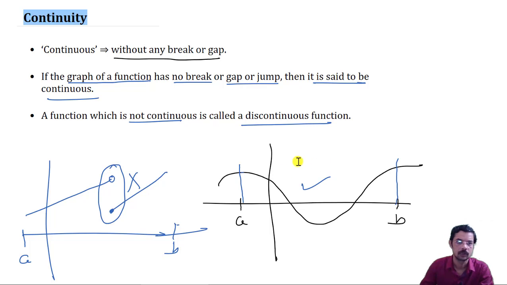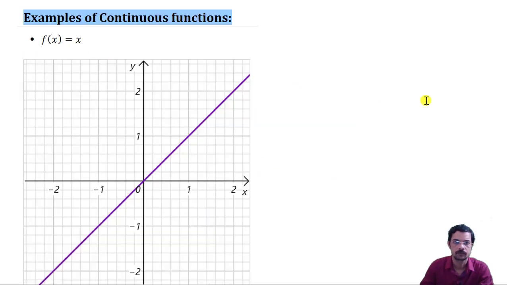Now let us see some examples of continuous function. The first example is the identity function, which maps every real number to itself. If you take x equal to 1, you get y equal to 1, so the graph point will be here, this is (1, 1). If you take x equal to 2, you get y also equal to 2.